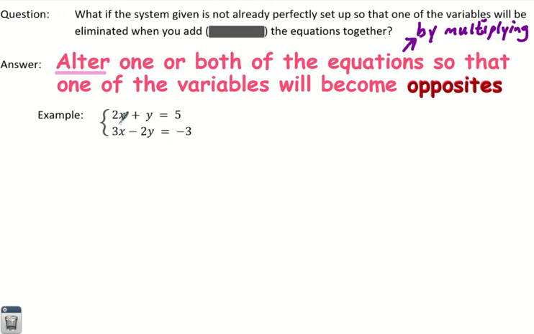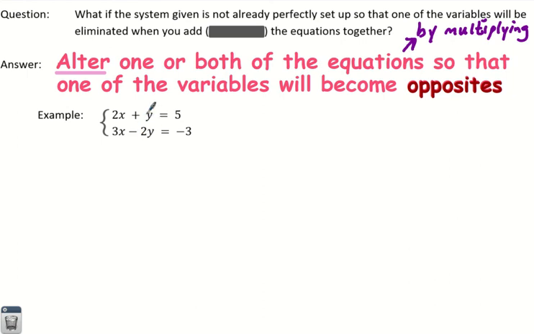We could change the x's, but I'm going to see here that the y's are already different signs. This is a positive 1y. This is a negative 2y. At least they already have different signs. That's something. So let's make the y's into perfect opposites.